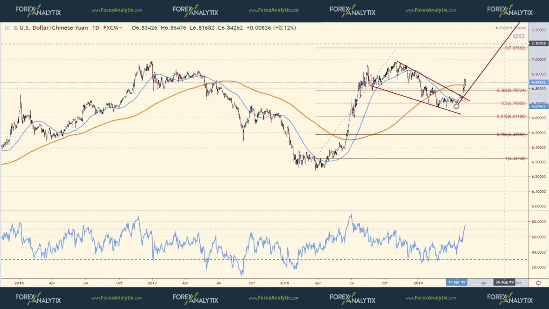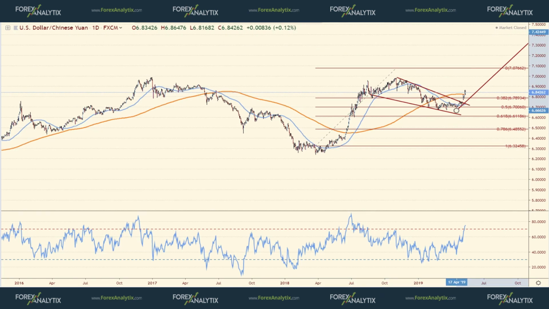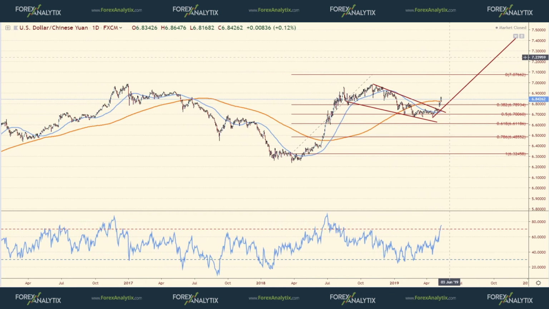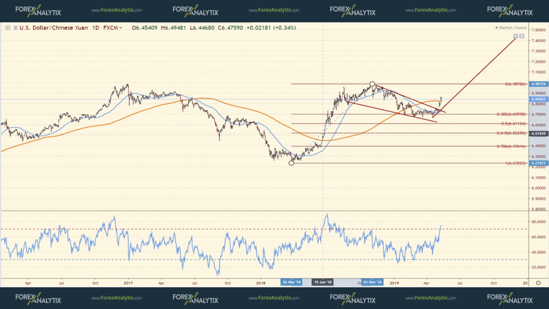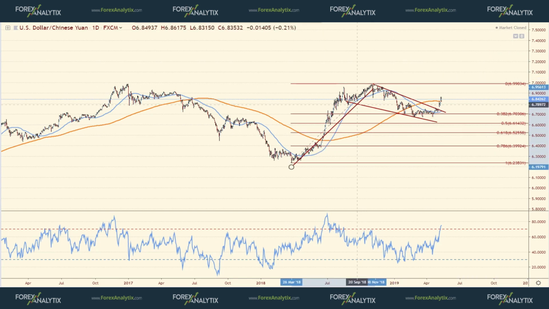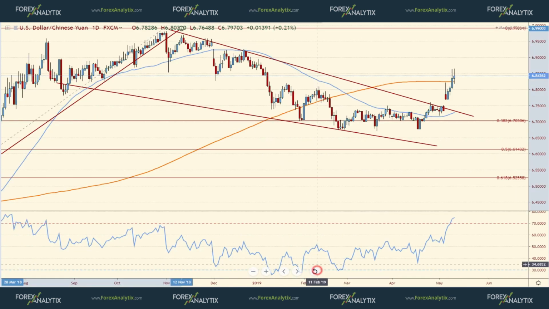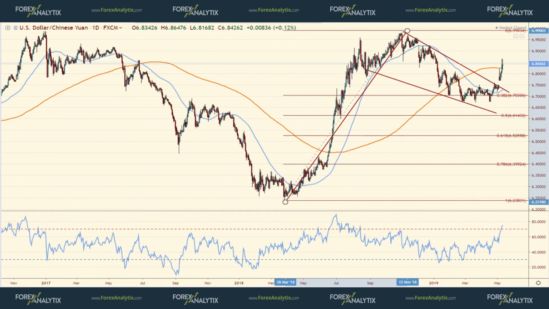You can kind of see what the direction of the US dollar CNH is if it really wants to break out. The fact of the matter is that this is a 38% retracement, so there's a good chance of a continuation.